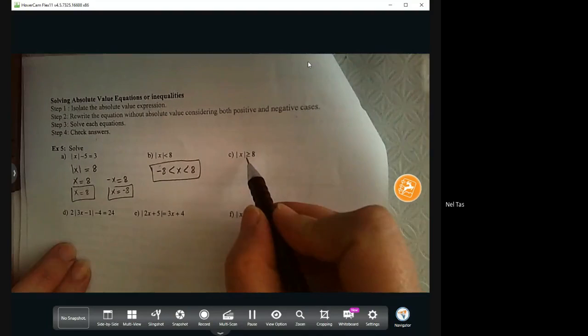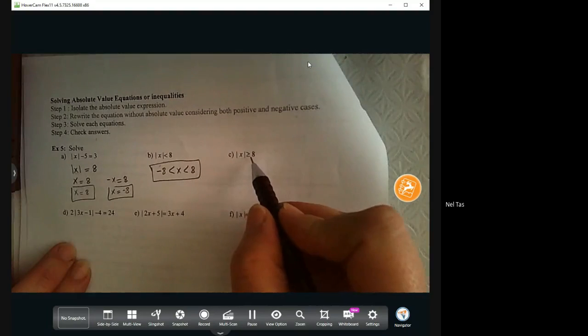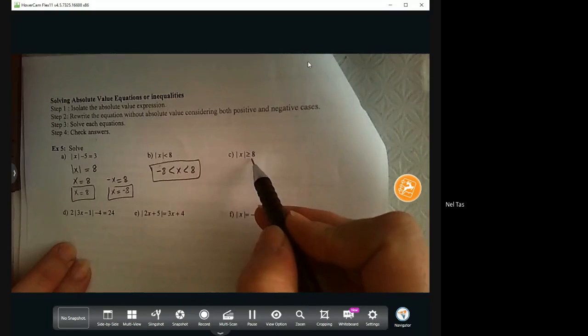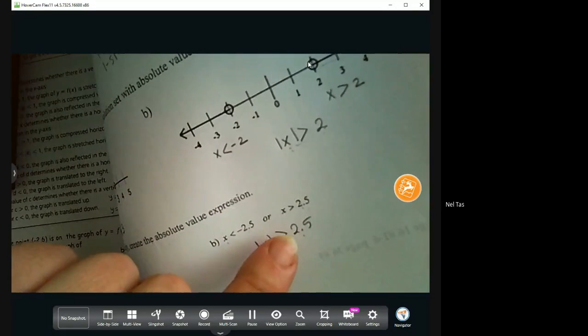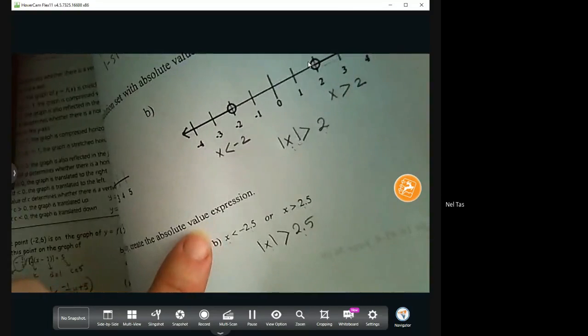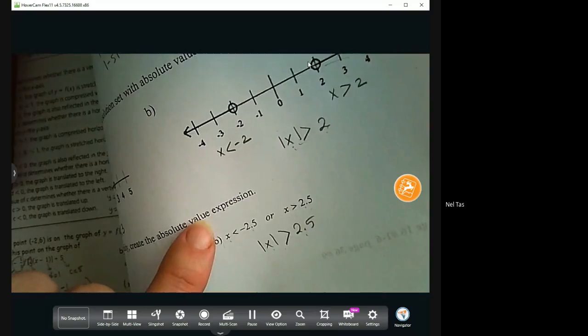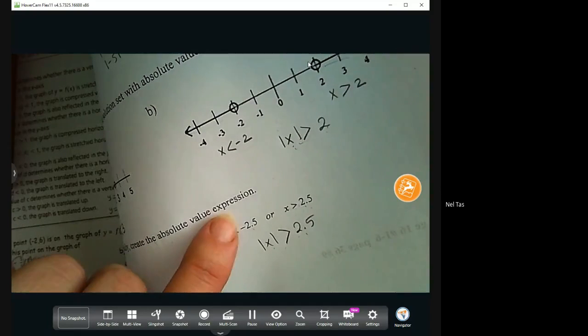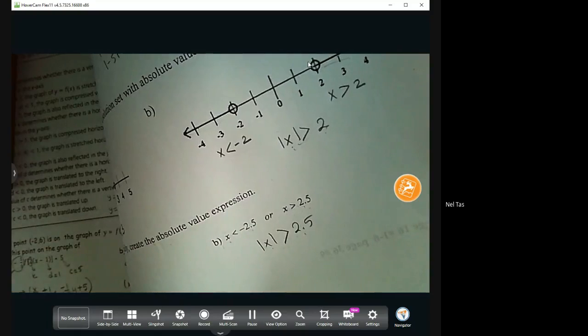Okay, x greater than or equal to 8. This was less than. Now it is greater than or equal to. And this question is just like this, right? When the absolute value of x is greater than 2.5, if you write it without the absolute value notation, you get x less than -2.5 or x greater than +2.5.